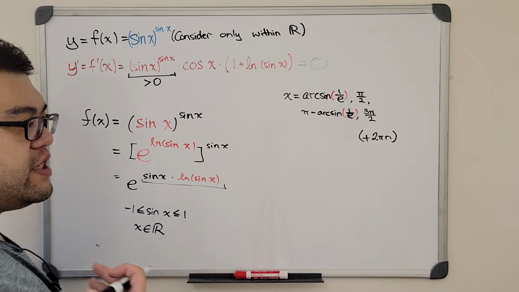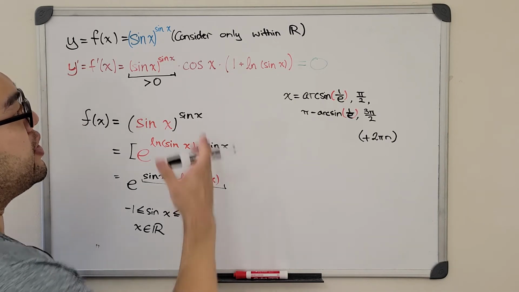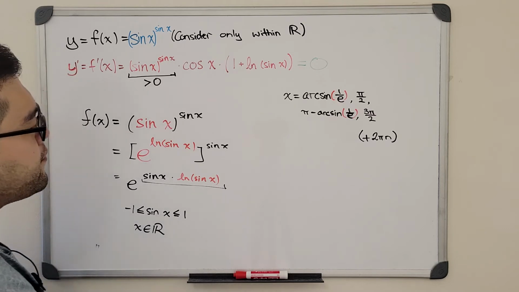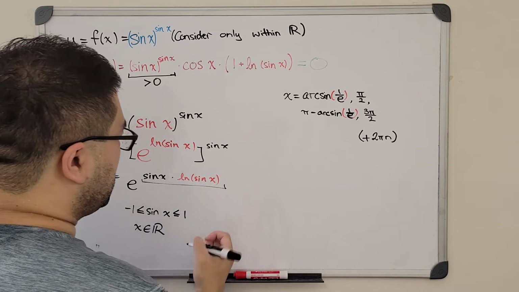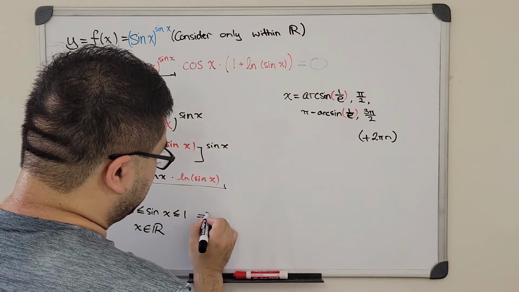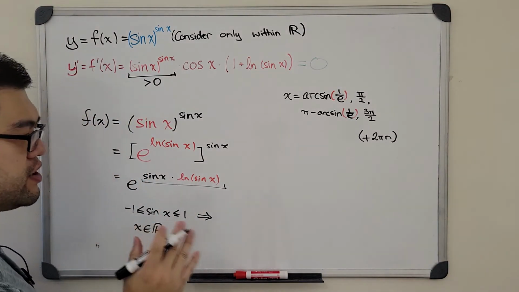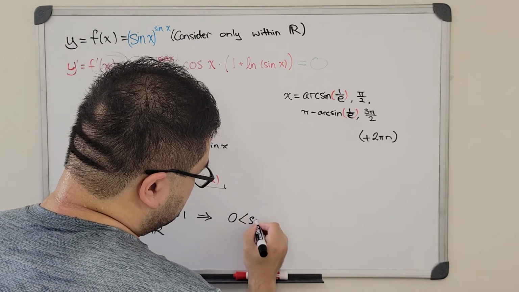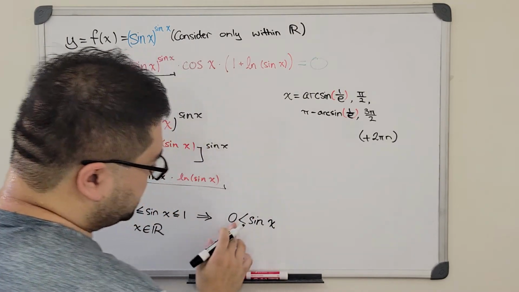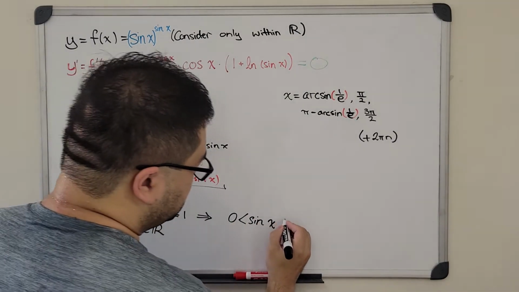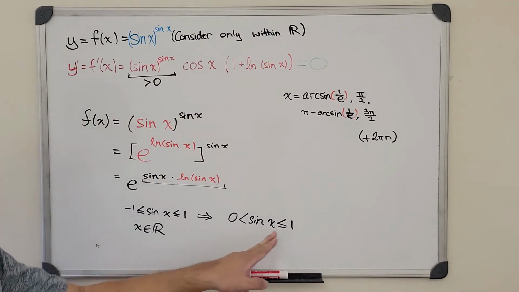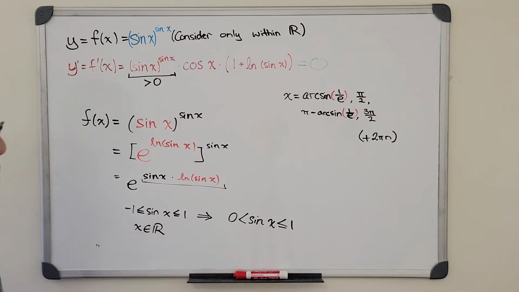It cannot even be negative, at least when we are concerned with the real numbers only. So in this case, we actually have a restriction for the sine function. Since it needs to be positive, now we claim that sine of x has to be between 0 and positive 1, where 0 is excluded and 1 is included.